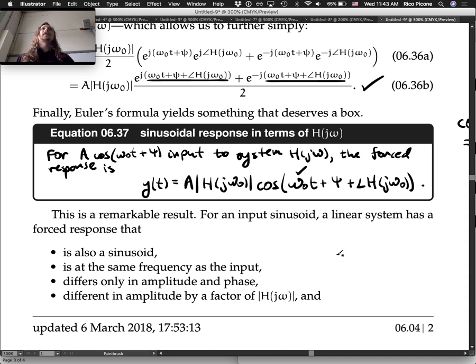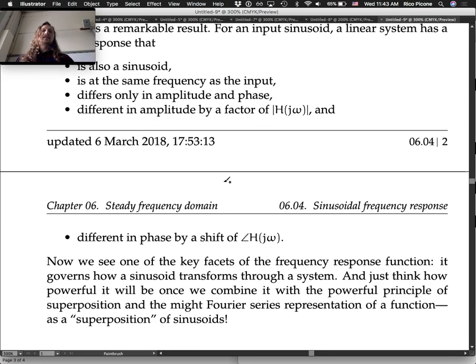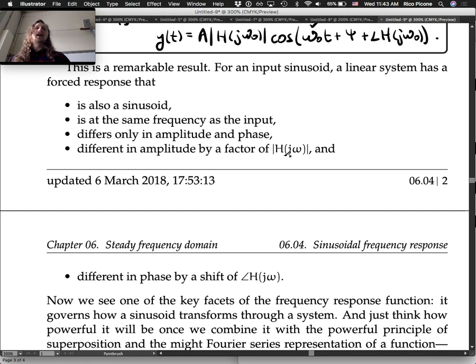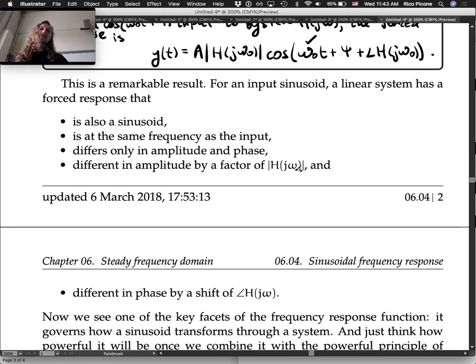It's different in amplitude by a factor of the magnitude of H of j omega naught, and different in phase by the phase of H of j omega, specifically evaluated at omega equals omega naught, at the frequency of the input.